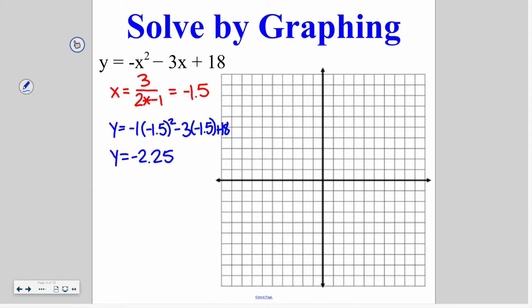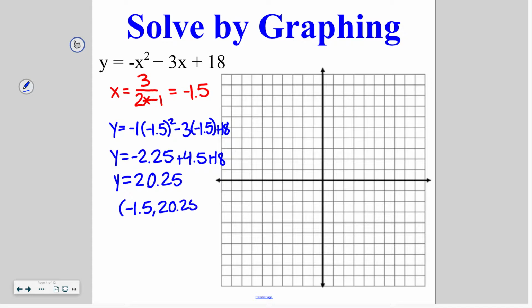And negative 3 times negative 1.5 is going to give us a positive 4.5 plus 18. Adding those all together, we end up with our answer of 20.25. So our point is going to be negative 1.5 and 20.25.